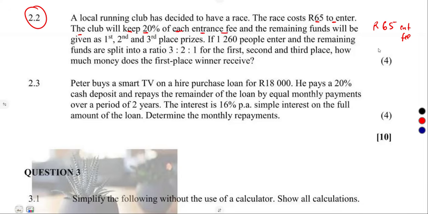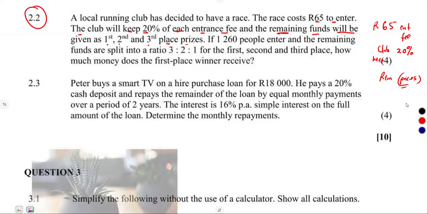So the club is going to what? The club is going to keep 20% of the entrance fee. And the remaining funds will be given as the first, second, and third place what? Prizes. So the remaining is the one that is going for the prizes.